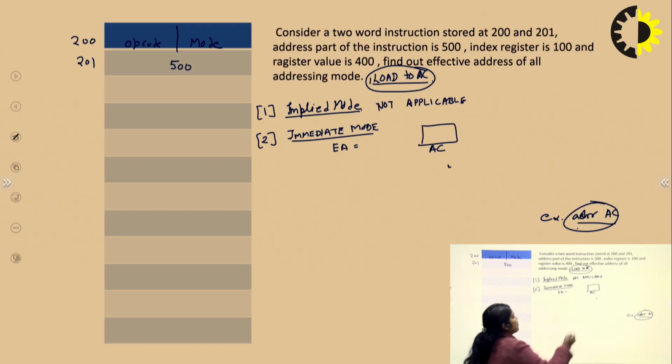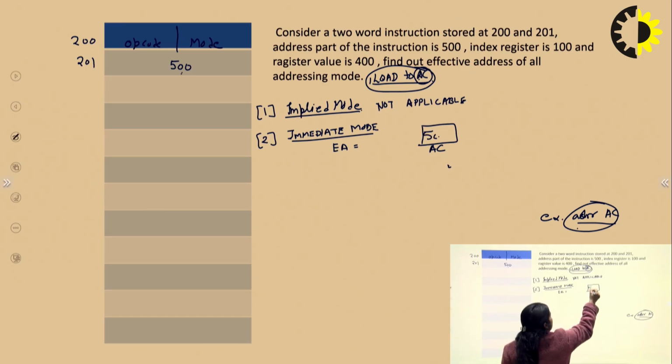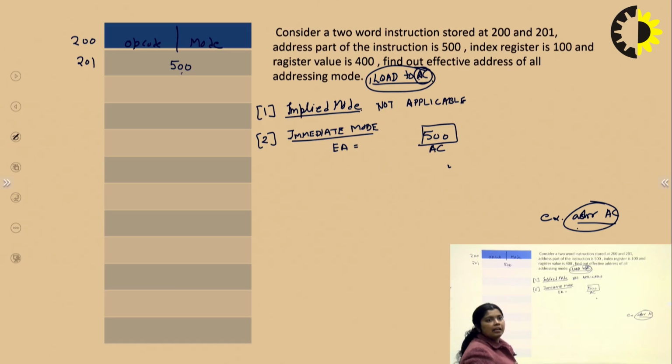Because the instruction is load to AC and the register name is AC. So in the AC, the operand is residing. It means now I can get 500 as the operand. And the effective address is this 500 stored in the location 201. This is 201. And the third, direct addressing mode.